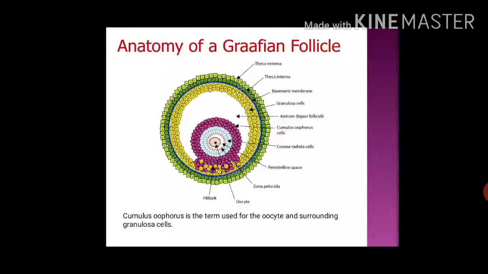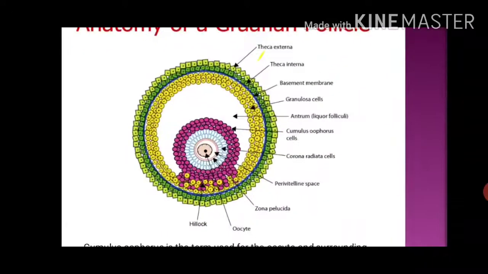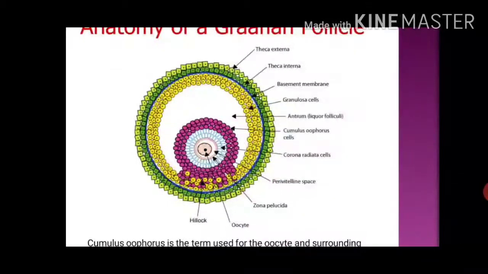Now the structure of the Graafian follicle. The Graafian follicle is the mature ovarian follicle. Generally, the oocyte is never present at the center; it is eccentric. The oocyte is surrounded by a non-cellular layer, the zona pellucida, which is secreted by the membrane of the oocyte.